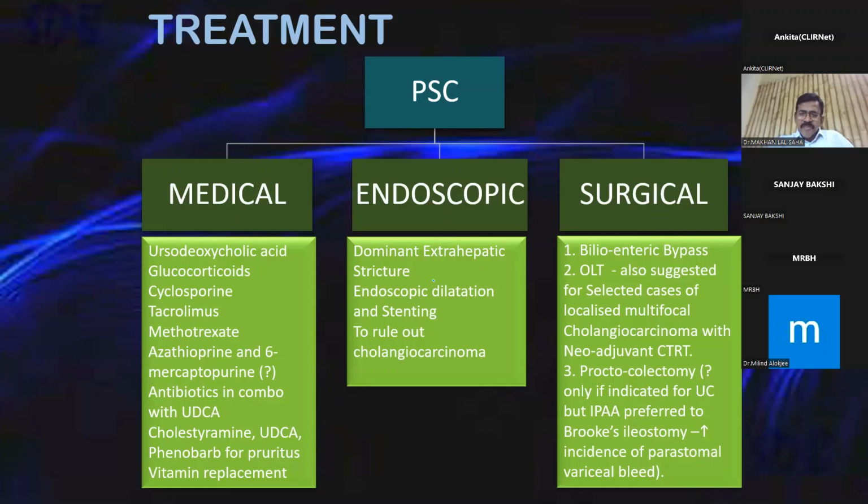Endoscopic, if you have a dominant extrahepatic stricture, you can do an endoscopic balloon dilatation, stenting, but you need to rule out a cholangiocarcinoma. Surgical: biliary bypass, orthotopic liver transplant, proctocolectomy only indicated for ulcerative colitis, but IPAA preferred over Brooke ileostomy because there's a high incidence of peristomal variceal bleeds.